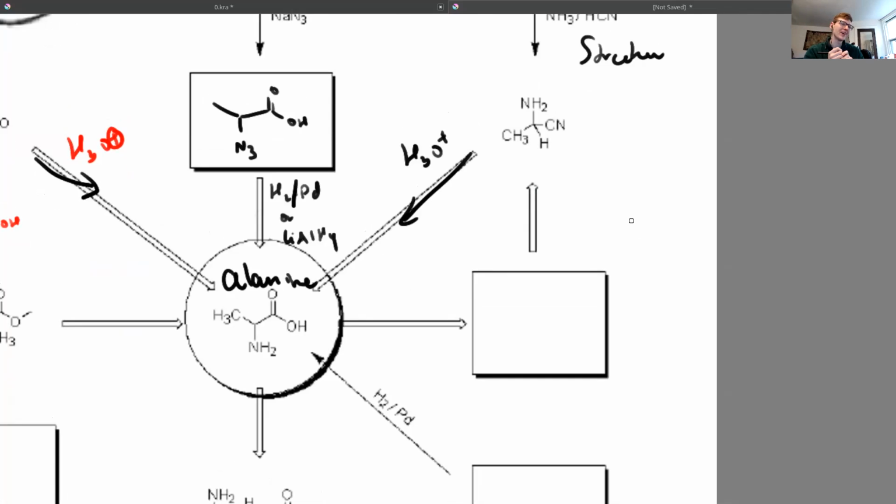If we want to go back, I guess somehow we have to go from this acid up to a nitrile. What is a good way of doing that?